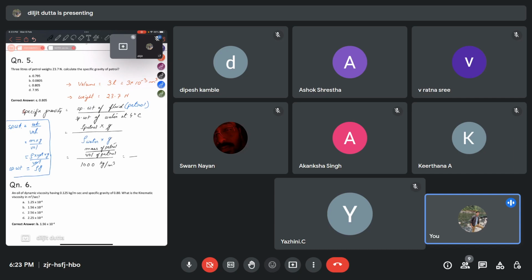So what is the volume of the petrol that is given? Volume is 3 into 10 to the power minus 3, and mass of petrol will be weight of petrol divided by g. Weight is 23.7 divided by 9.81, over 1000.